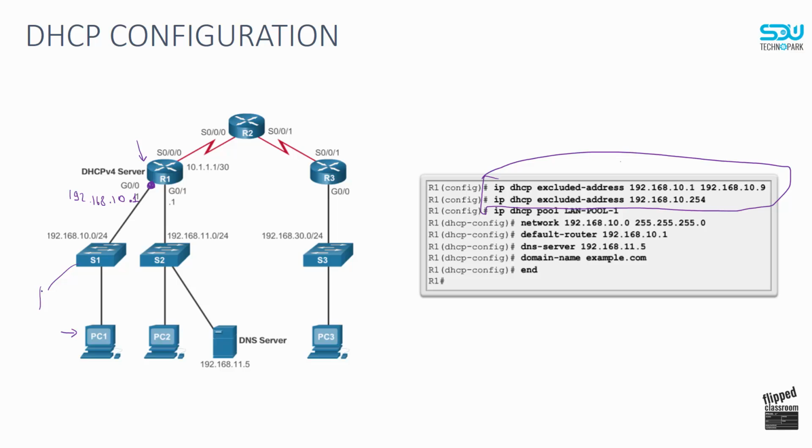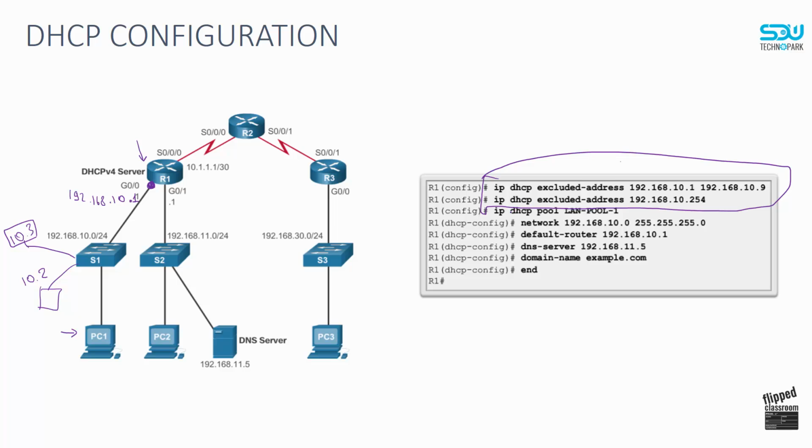For example, one server will have IP address 10.2 and another server 10.3. As you know, servers have to have static IP addresses so that they can be reachable. By using this command, we are excluding those IP addresses which we don't need to distribute.